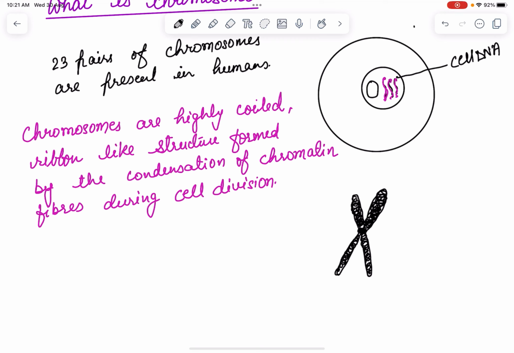This kind of structure is formed only during cell division. The chromosomes get condensed and form this structure at the time of cell division. But when the cell is not dividing, the chromosomes are present in a thread-like structure in the nucleus.